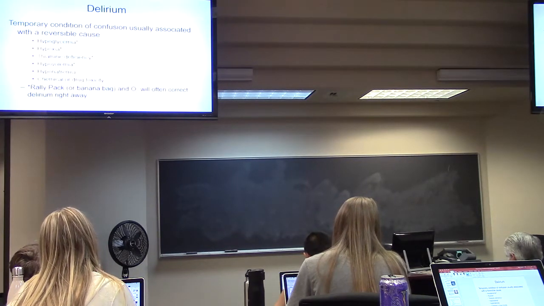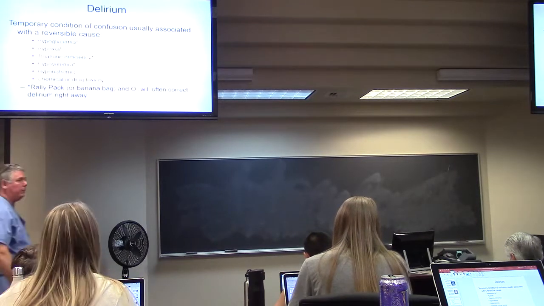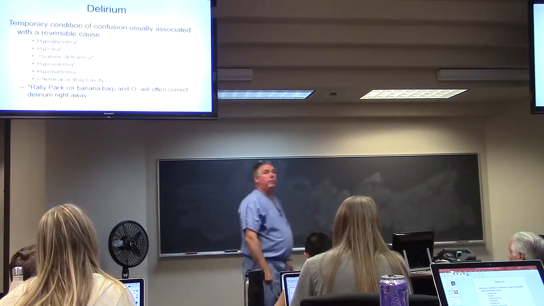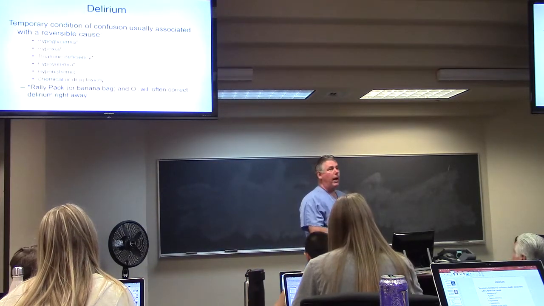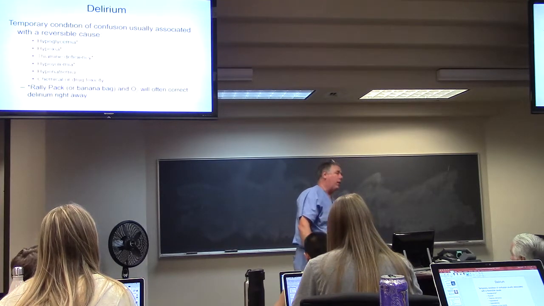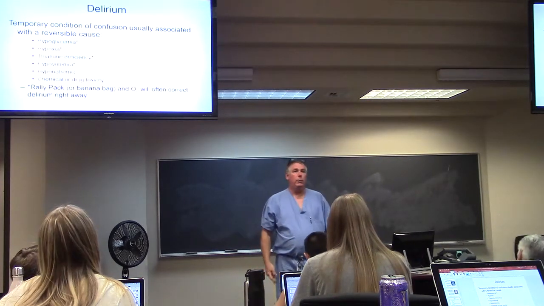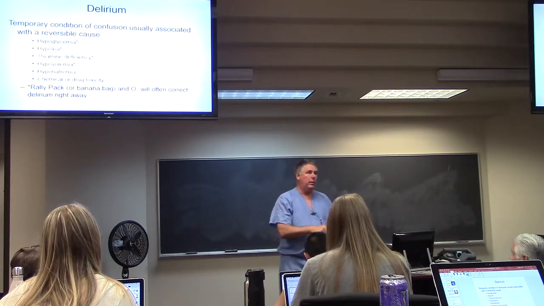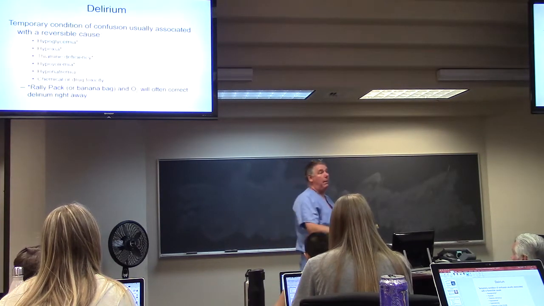Delirium presents with these people being confused, they don't know where they are, they are not alert and oriented to person, place, and time. One of the treatments here is a thing called a banana bag. The reason it's called a banana bag is that it's an IV bag that has a yellowish tint to it. Some people refer to them as a rally pack.